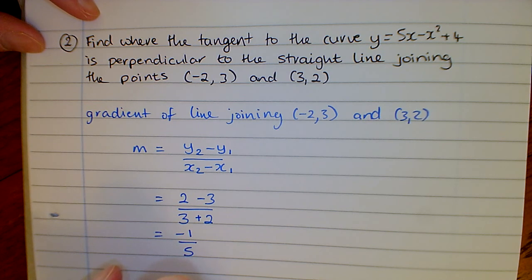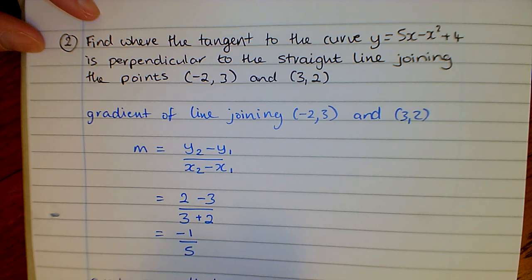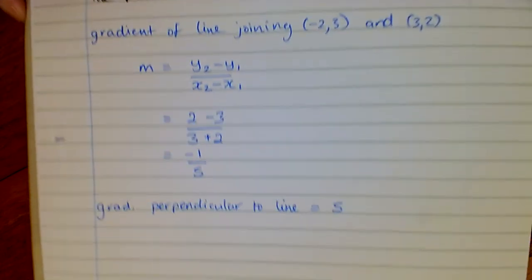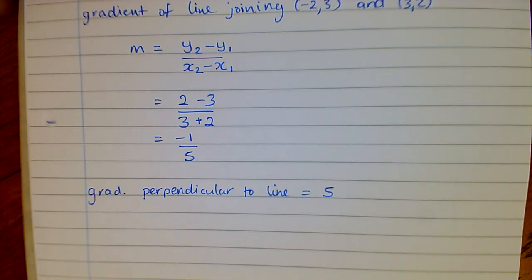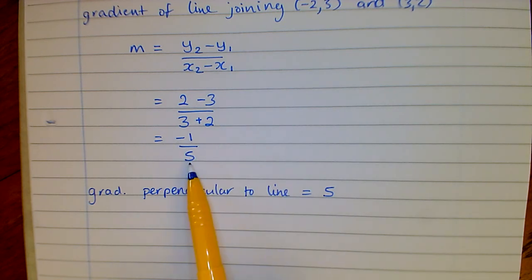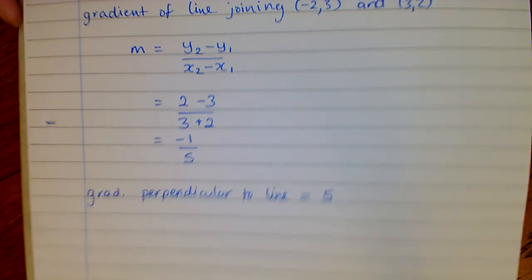So we want the gradient which is perpendicular to that line. So that's going to be 5. Okay, so we found the gradient of this line is minus a fifth, so the gradient of something perpendicular to the line would be 5.